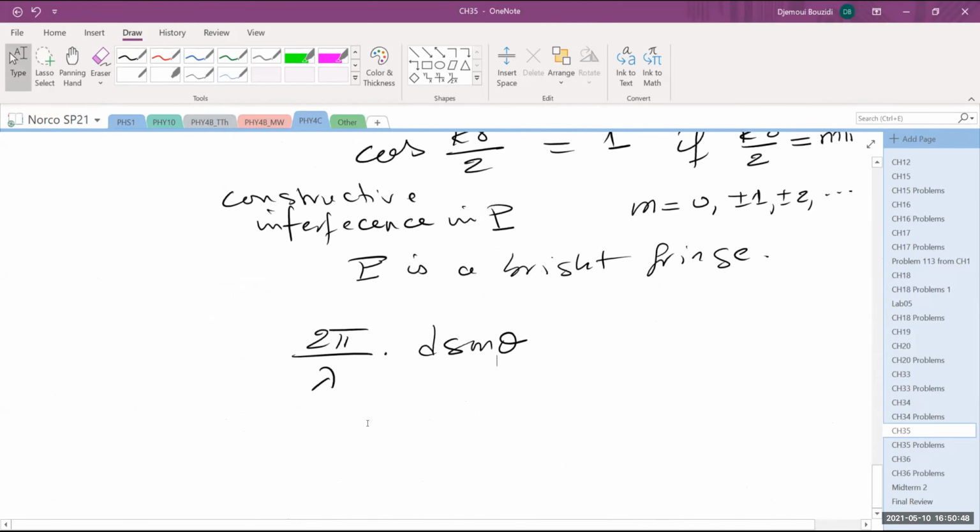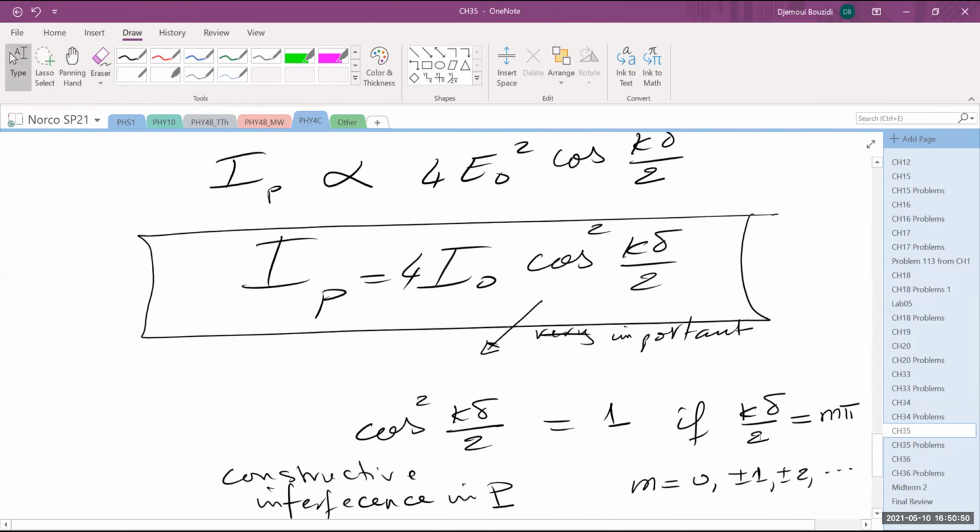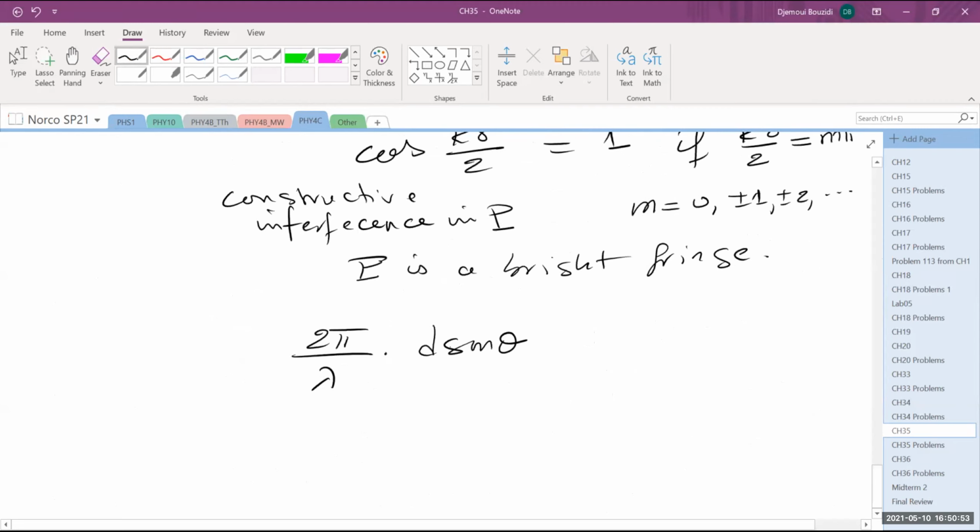And then I have a factor of 2. Do not forget this 2 in the denominator. So divided by 2 is equal to m pi, where m is anything you like as long as it's an integer, positive or negative.